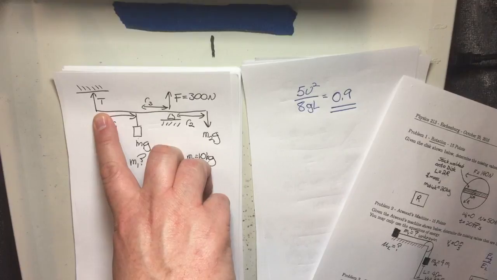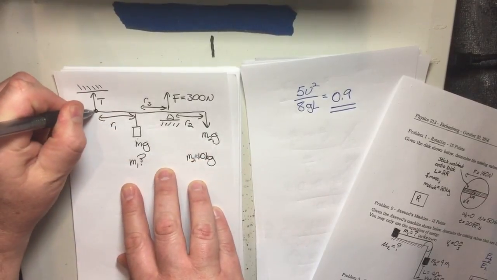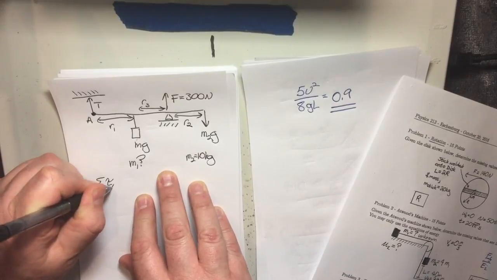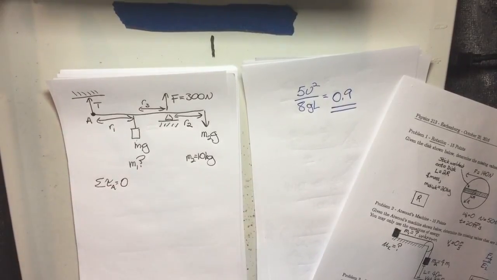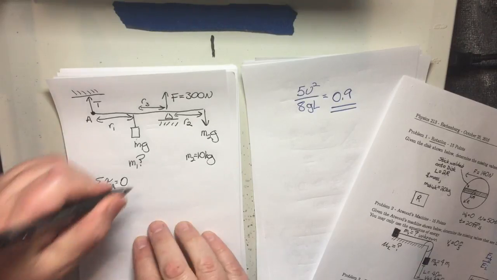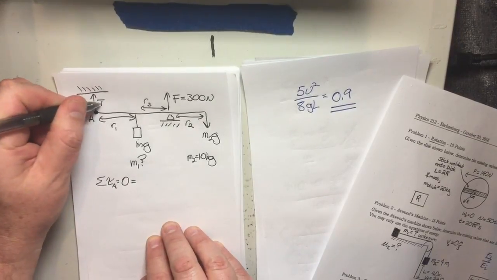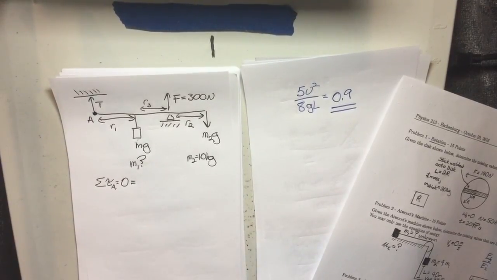So you also know for a fact that the sum of the torques around A is 0, because if the bar isn't moving, the sum of the torques is always 0. So if we choose this as the point, I'm allowed to ignore the tension of the string when summing up my torques.